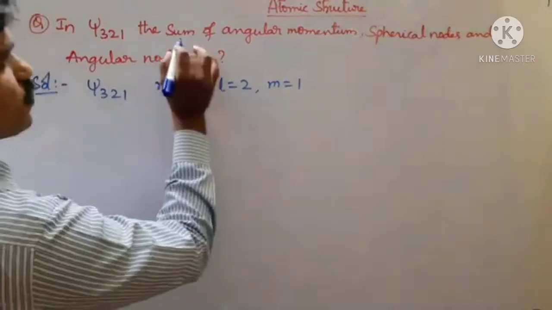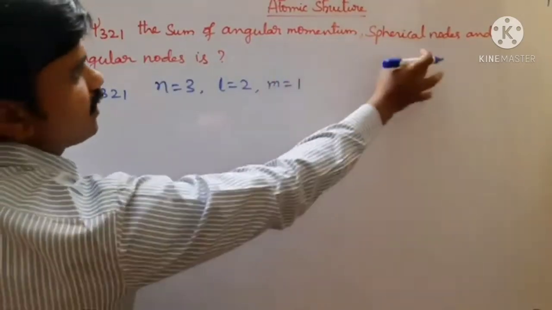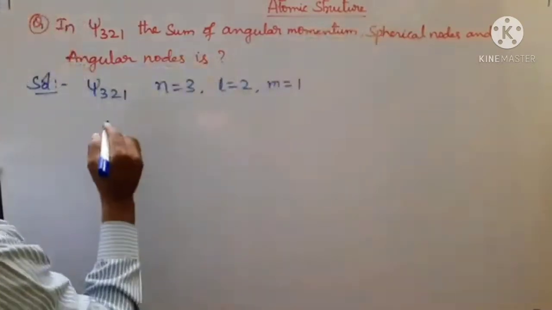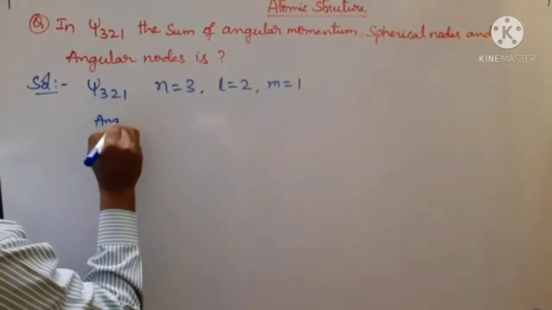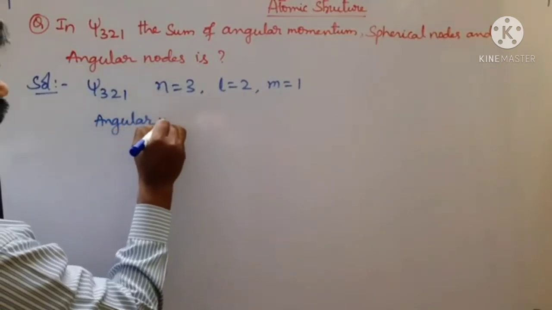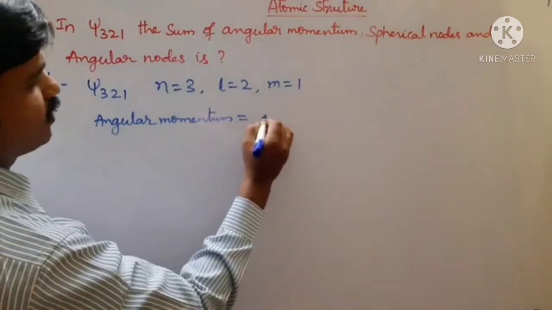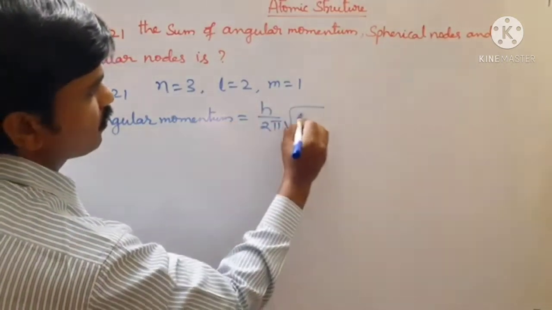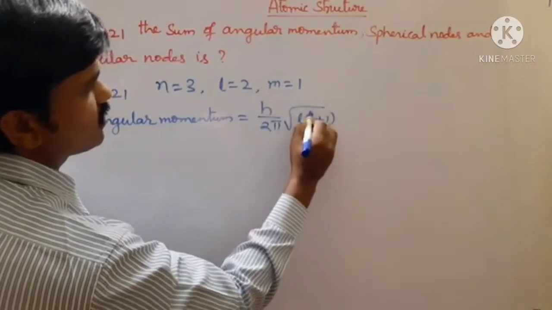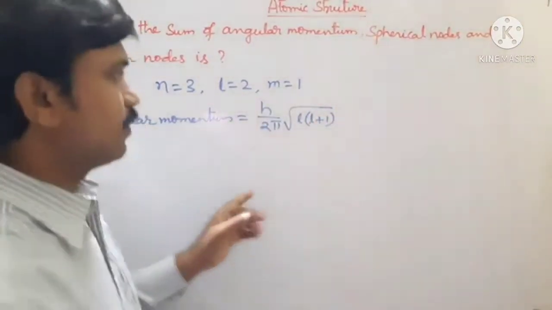Look at now, what is the first question? Sum of angular momentum, spherical nodes and angular nodes. Look at angular momentum of an orbital. Angular momentum of an orbital is equal to h by 2 pi into square root of l into l plus 1. This is the formula for calculating angular momentum of an orbital.